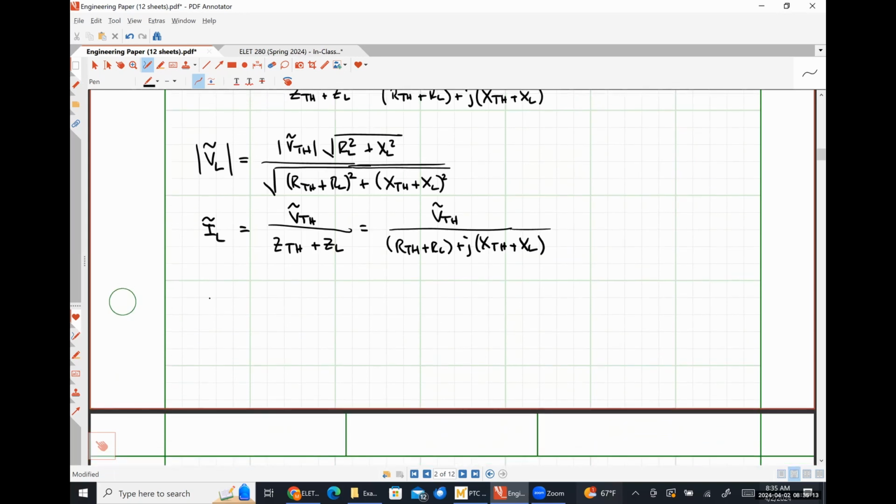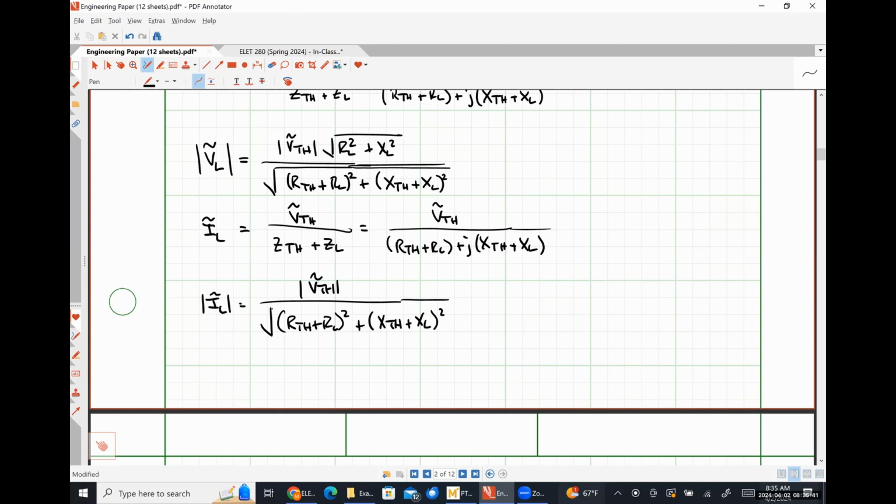And then the magnitude of this is just going to be the magnitude of my Thevenin voltage divided by the square root of RTH plus RL squared plus XTH plus XL squared. All of that is under a square root sign.